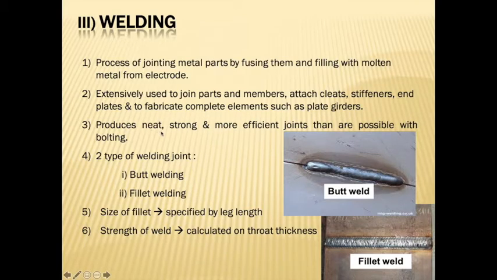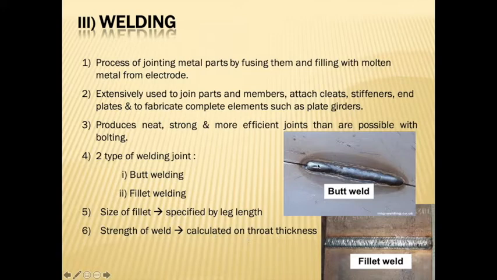It produces neat, strong, and more efficient joints than are possible with bolting. The two types of welding joint that we can see here are butt weld and fillet weld. The size of a fillet is specified by the leg length, and the strength of the weld can be calculated on throat thickness.